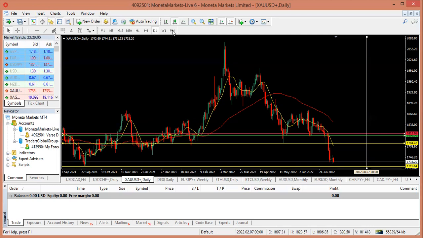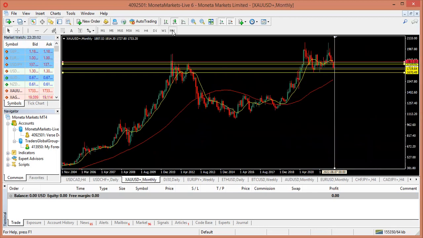Now, I've been in this market for a while, and I know that majority of the times gold begins to rise within Q4 of a particular year. Now, what I mean by Q4, I mean the last 4 months of the particular year, which is September, October, November, December.